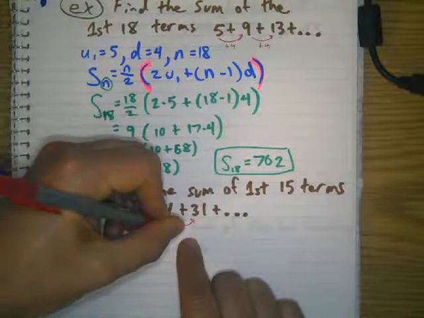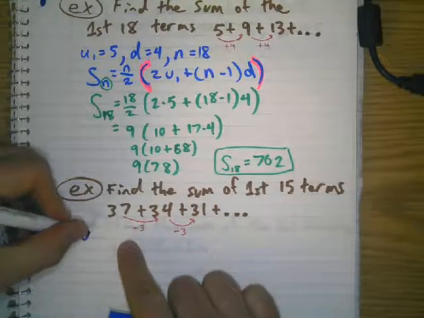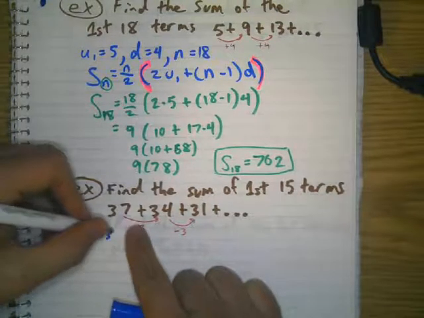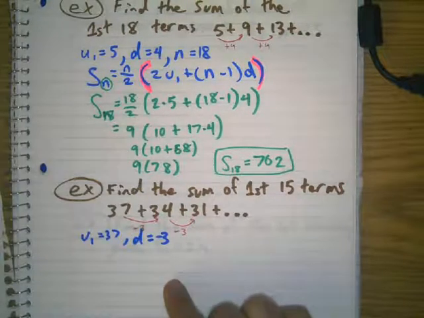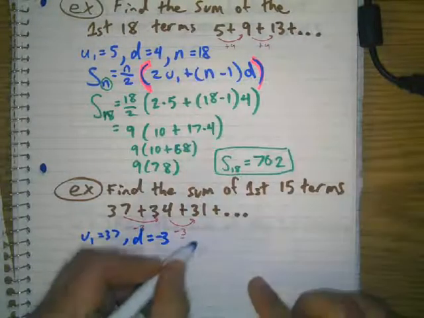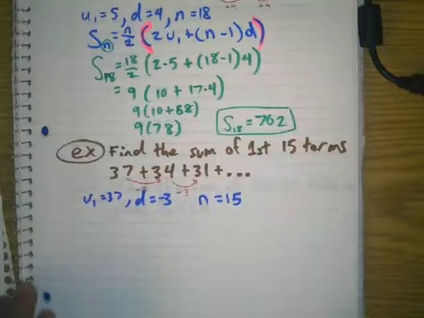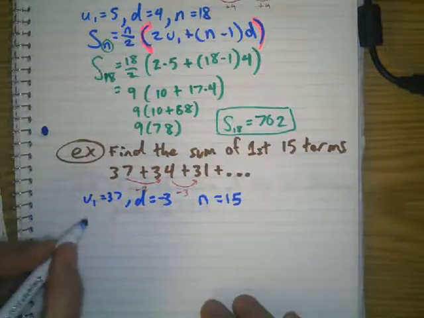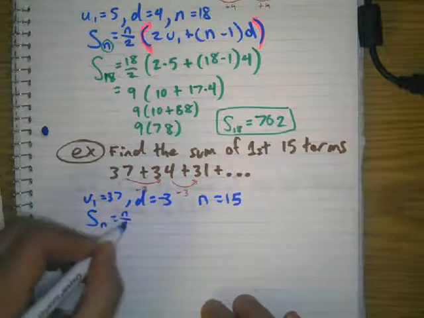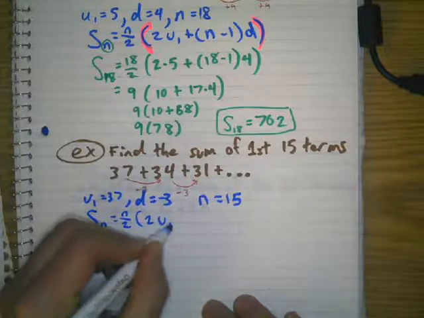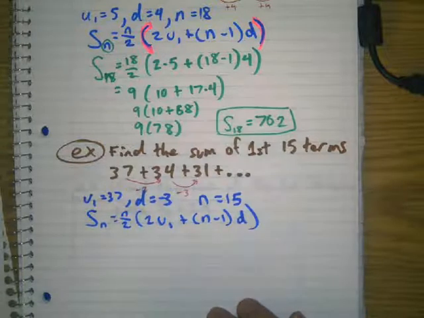So in this case, u sub 1 is 37, d is negative 3, and n equals 15. Okay, same formula, right? So let's write it down just for our notes. S sub n equals n over 2 times the quantity 2 u sub 1 plus n minus 1 times d. All right, plug the stuff in.